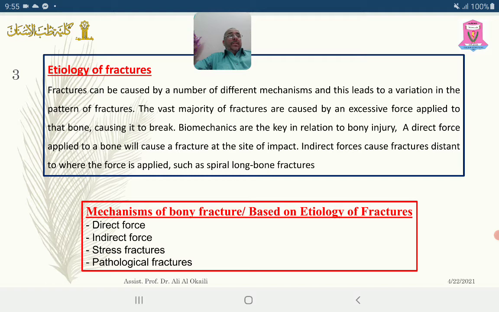Biomechanics are the key in relation to bone injury. A direct force applied to a bone will cause a fracture at the site of impact.